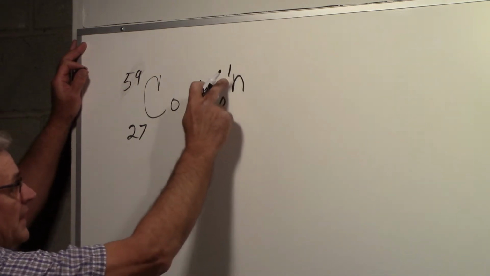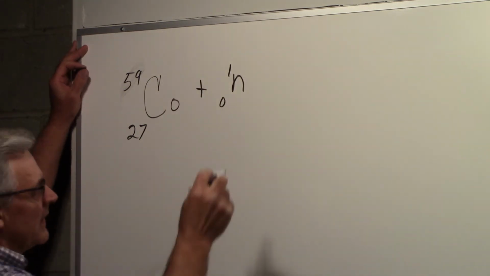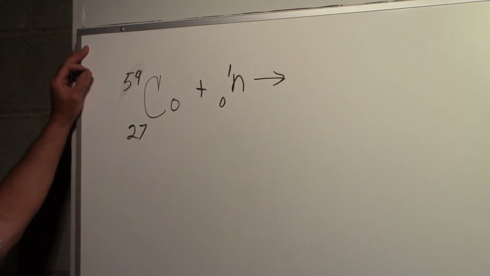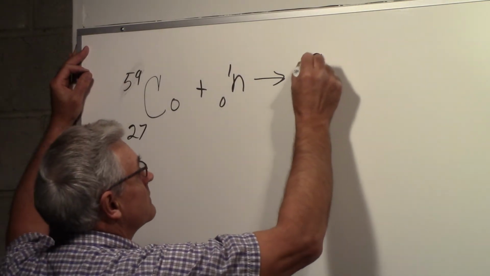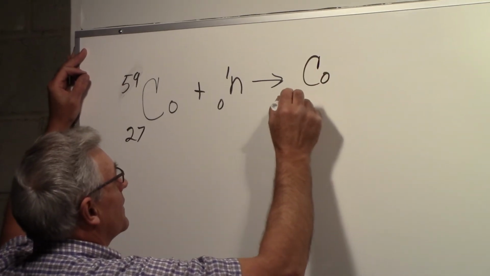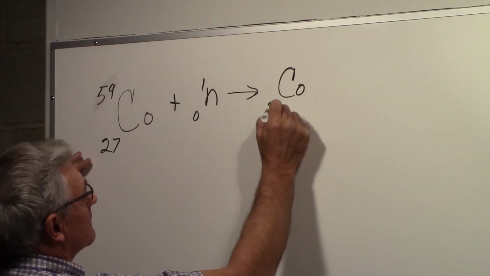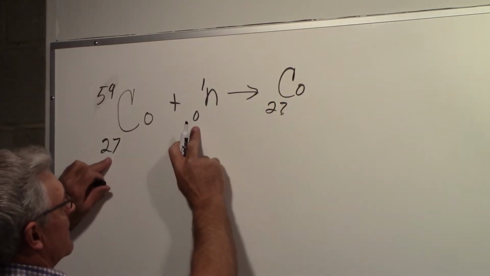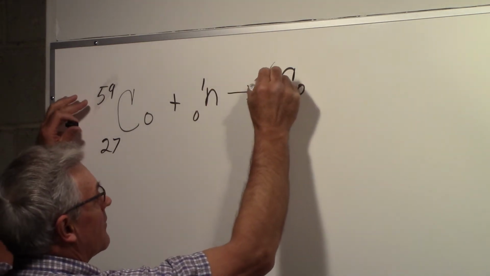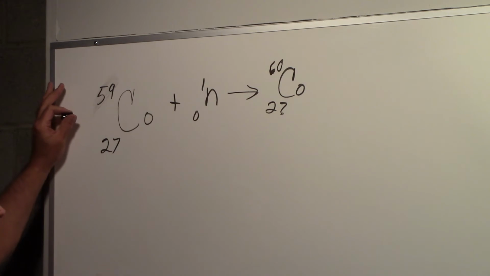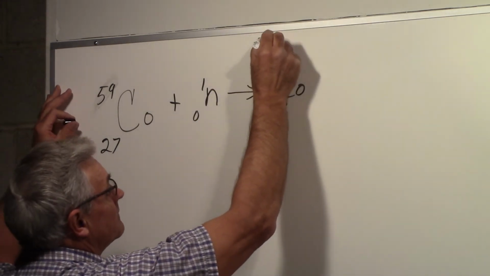No charge, mass 1. And that will result in cobalt 27, 0 plus 27, and 60. So now we have cobalt 60. This is the material Wu used.